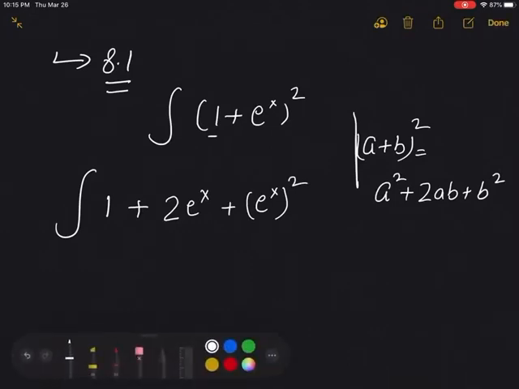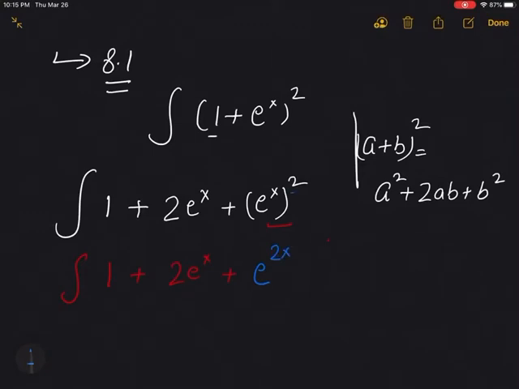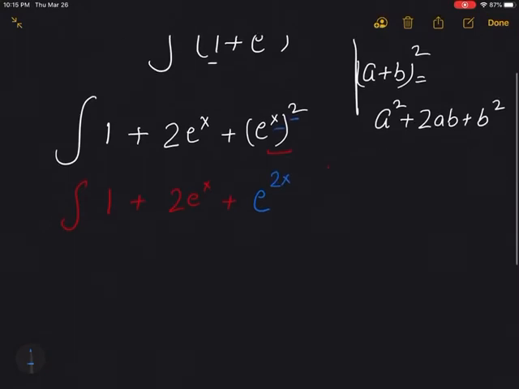All right, now let's just simplify. Once I have to integrate, first I need to simplify. So this 1 would stay the same, 2e to the x, and this piece simplifies as e to the 2x, because eventually this 2 and x get multiplied, becomes 2x.